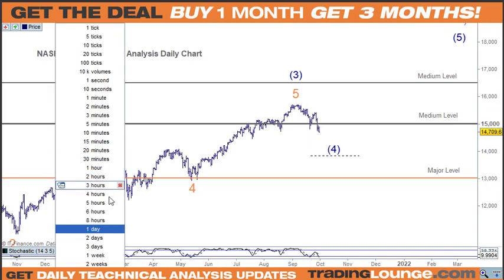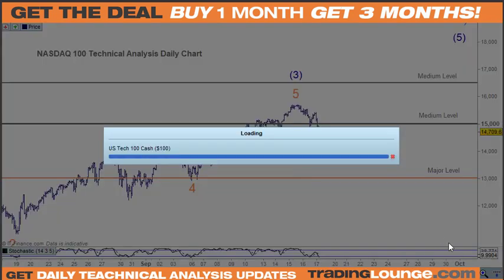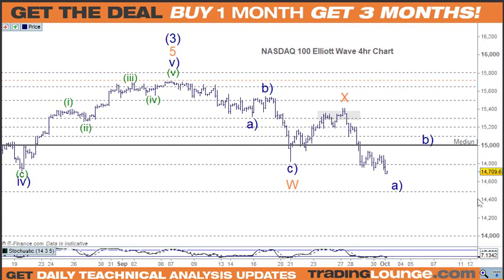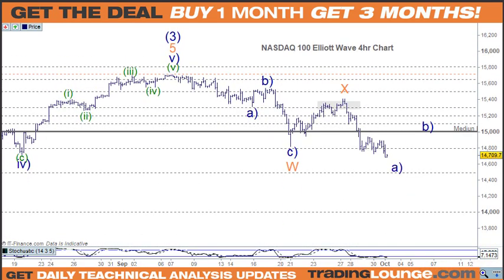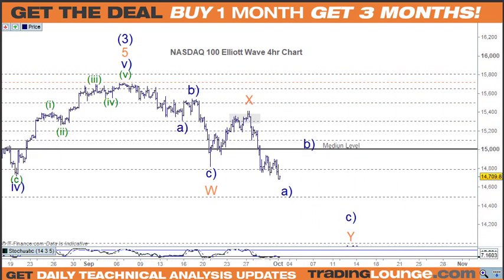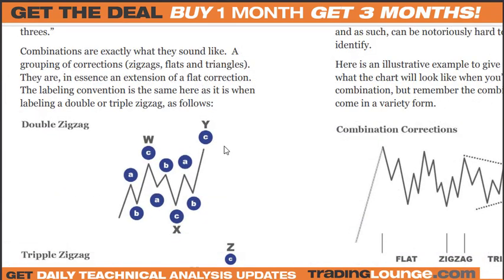So let's just go to the 4-hour chart. So we'll have to look at it something of this nature. So this is a double zigzag here. So it's basically, this is going up the wrong way. This is going to the bullish side, but an ABC for the W, and that's what we've got on the way down.